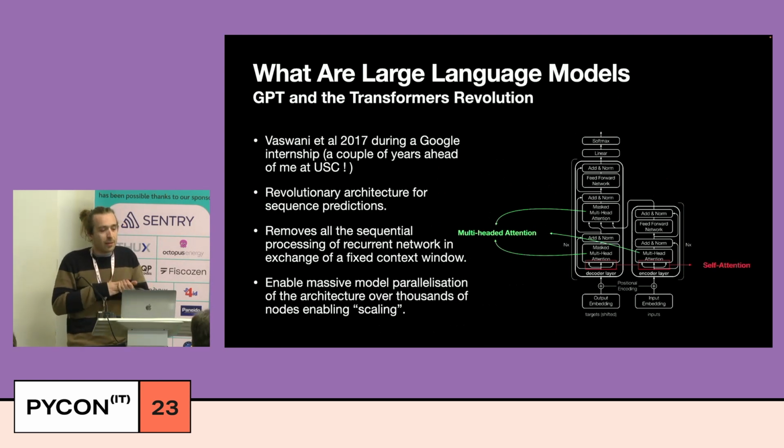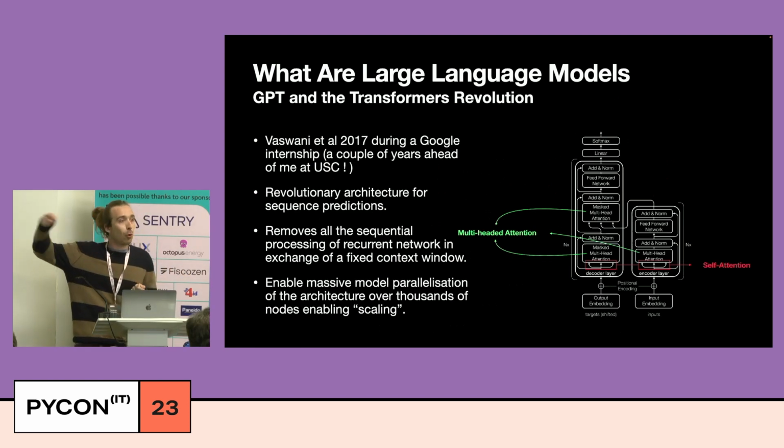So why are these large language models working now? We have had this ability to train these sorts of function approximators since the early 90s, but it was very inefficient. The way older models were trained was sequentially, as if it was a for loop.